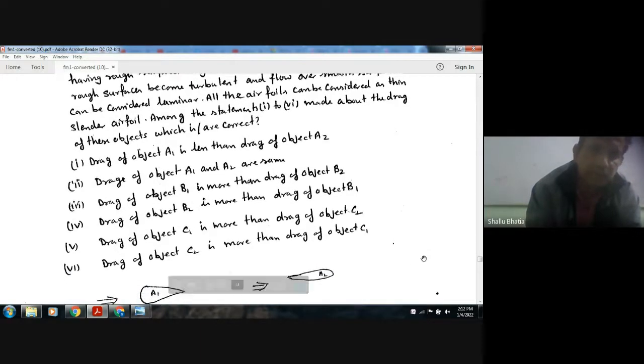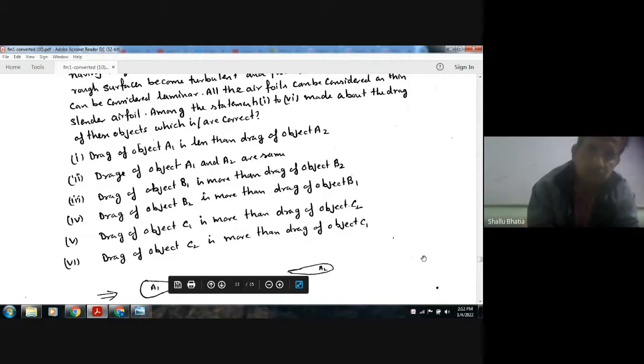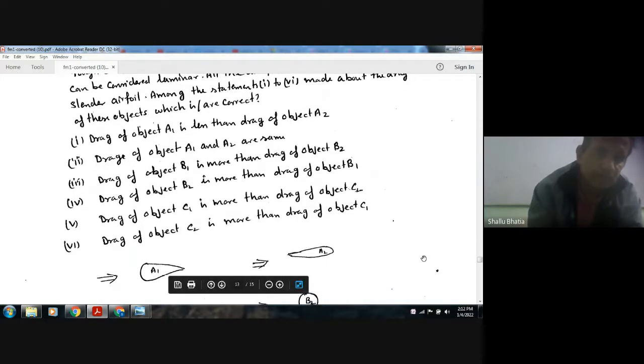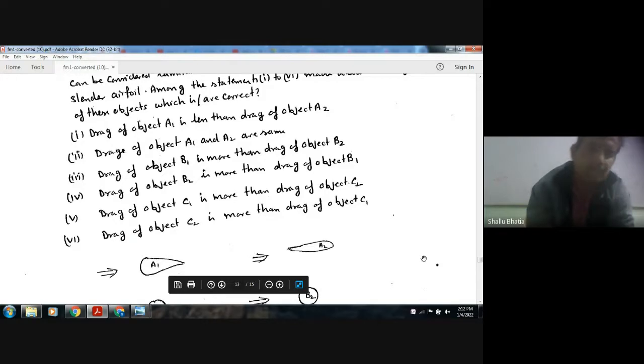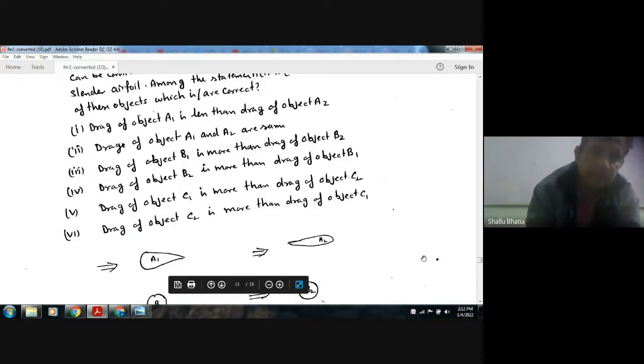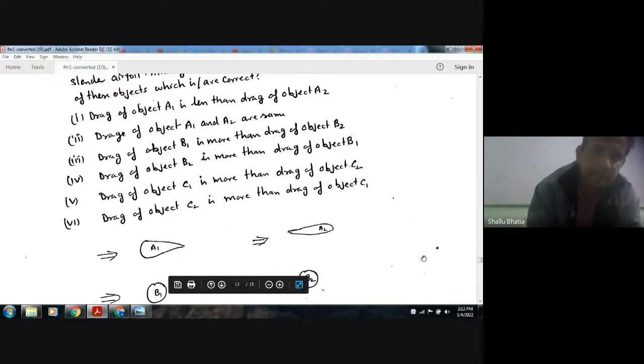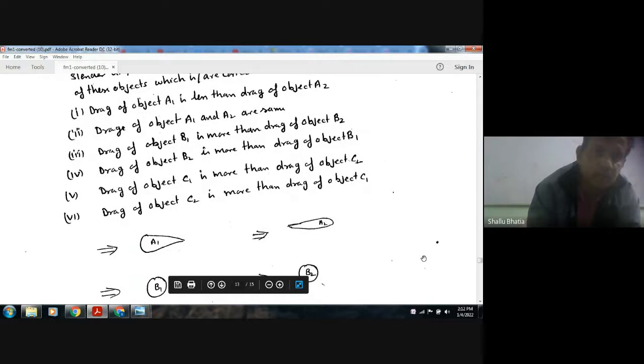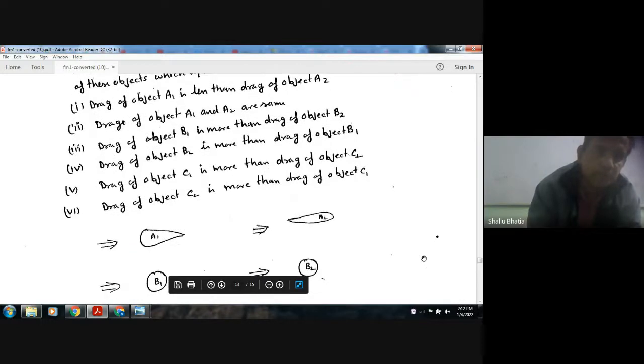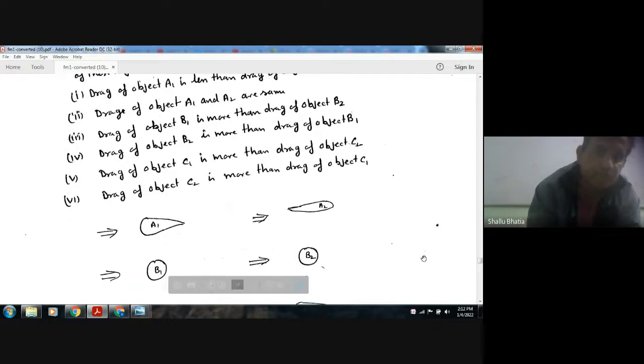Among the statements 1 to 6 made about the drag of these objects, which are correct? Statement 1: drag of object A1 is less than the drag of object A2. Statement 2: drag of objects A1 and A2 are the same.